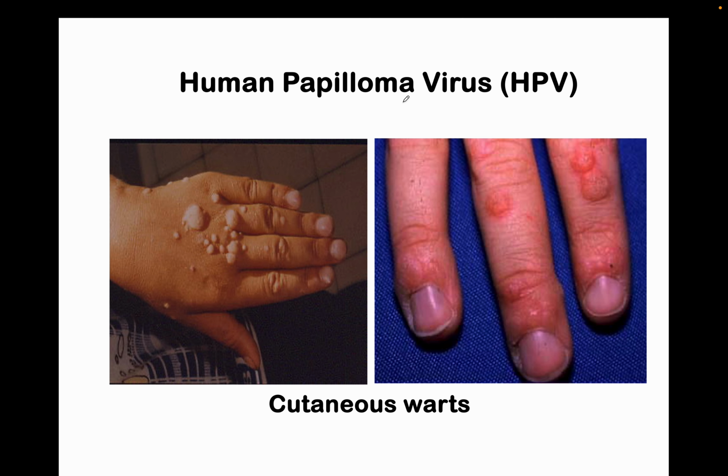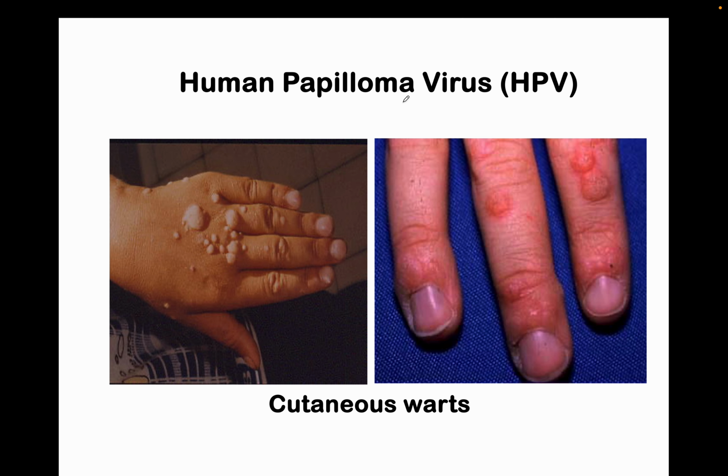HPV infection usually leads to some serious complications for at-risk individuals, and if there's no treatment provided, or the individual is not immunocompetent to fight the infection, it can definitely cause cancer.